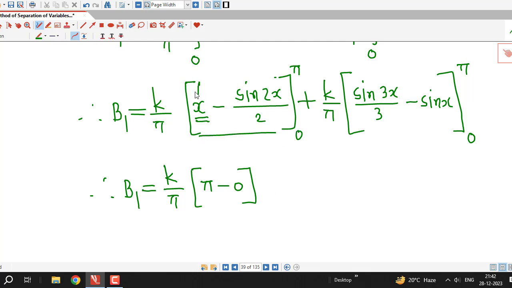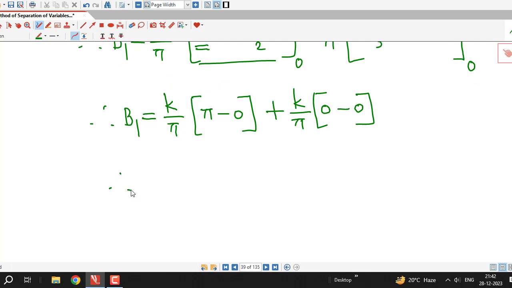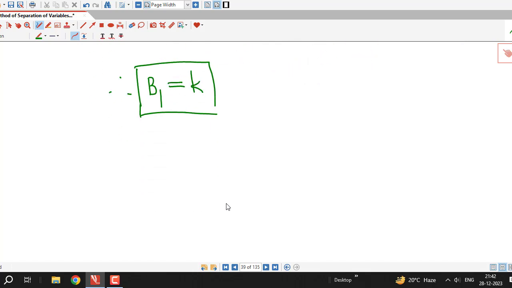When x equal to 0, this is 0, sin 0 is 0, plus k by pi. If I take x equal to pi, here I have sin 3 pi and here I have sin pi, and both are integral multiples of pi, so sin of integral multiple of pi is 0. For x equal to 0, we have sin 0 minus sin 0, that is 0. So therefore b1 is k divided by pi into pi, that is k. So value of b1 is k.